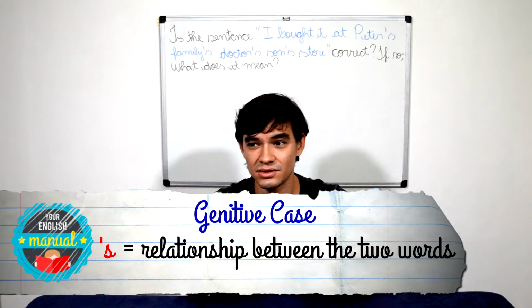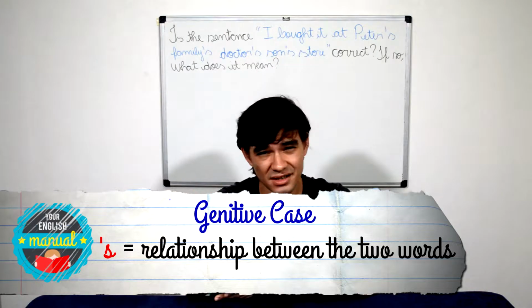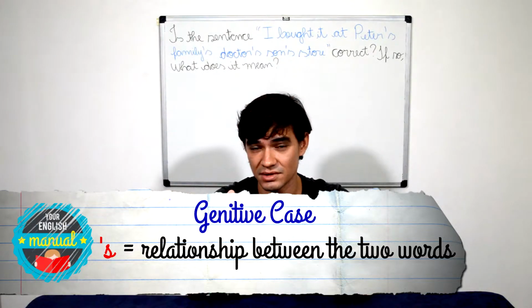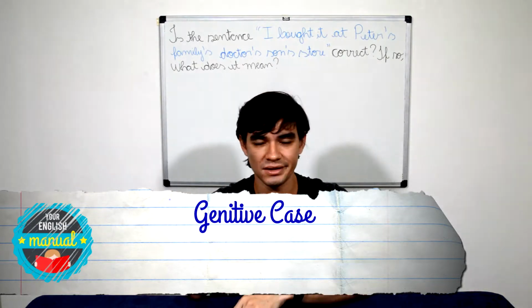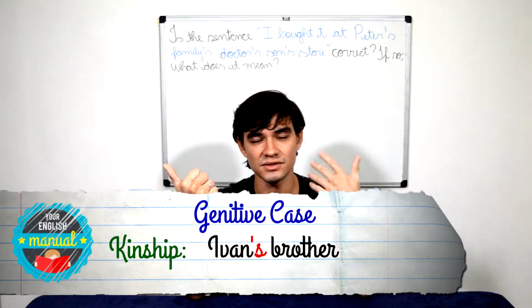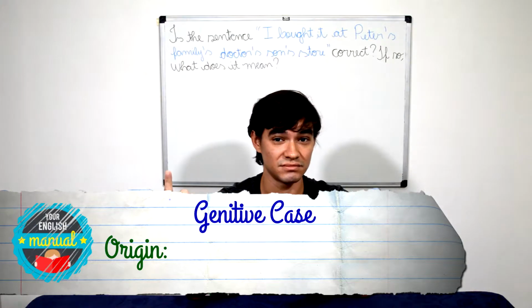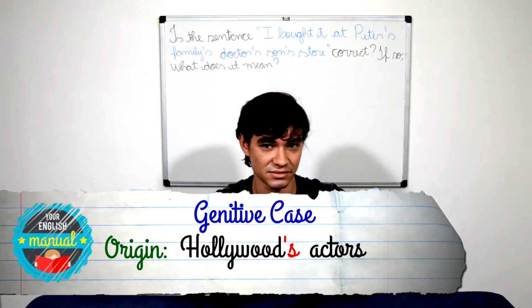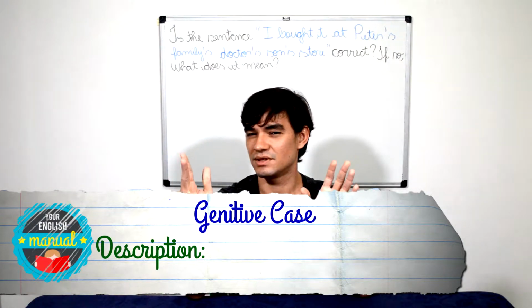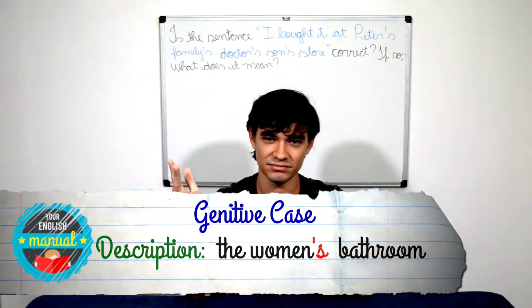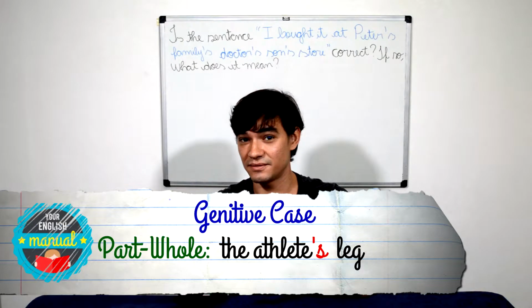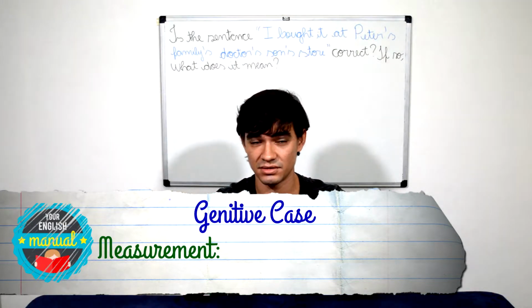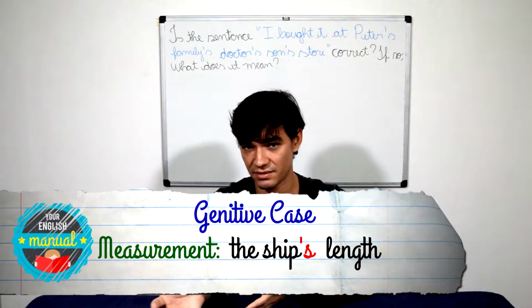Well, okay, usually this relationship is in fact possession, but it can also be other things, such as kinship, Ivan's brother, origin, the Hollywood's actors, description, the women's bathroom, part, whole, the athlete's leg, measurement, the ship's length.